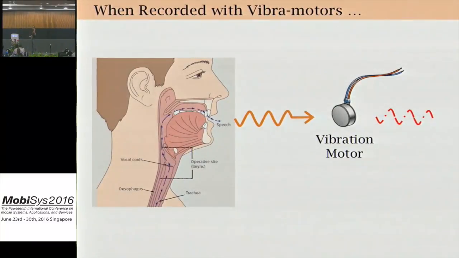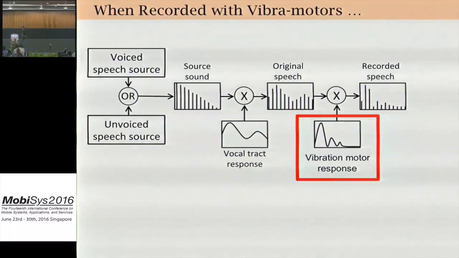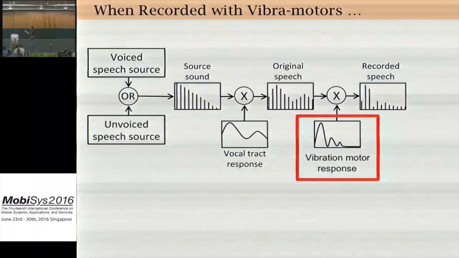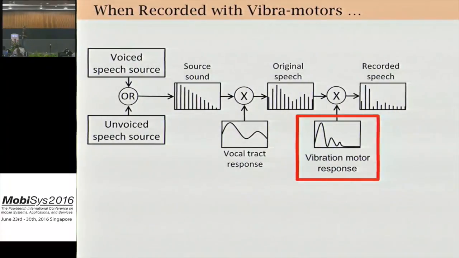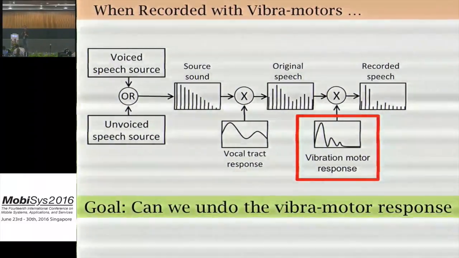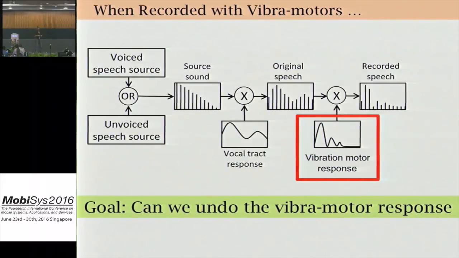And then when that speech impinges on the vibration motor, you can think of that as another response of the vibration motor on top of that original speech, and that finally gets recorded by the vibration motor. Okay? And all we are trying to do in this paper is essentially saying, can we undo what the vibration motor did to that speech?